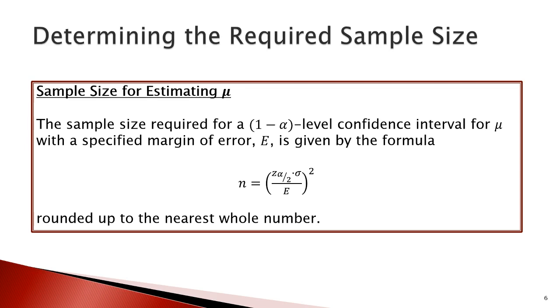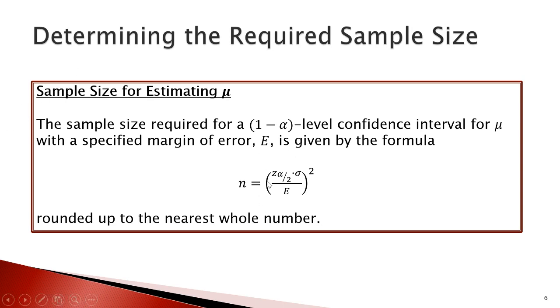Now let's see how to calculate the sample size for a given margin of error. This formula in this box is basically derived from the first formula that we learned at the beginning of this lesson for the calculation of margin of error.